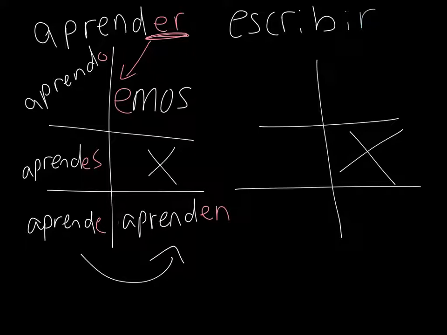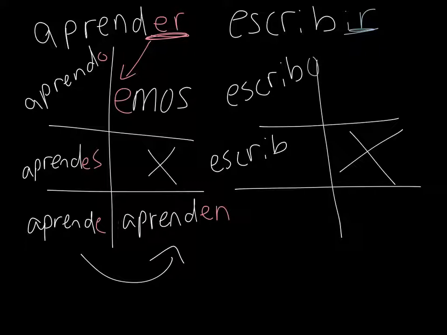Now, for escribir, it's an IR verb, so let's keep that in mind. In the yo spot, it would be yo escribo. In the tú spot, it would be tú escribes. In the él, ella, usted, it would be escribe.